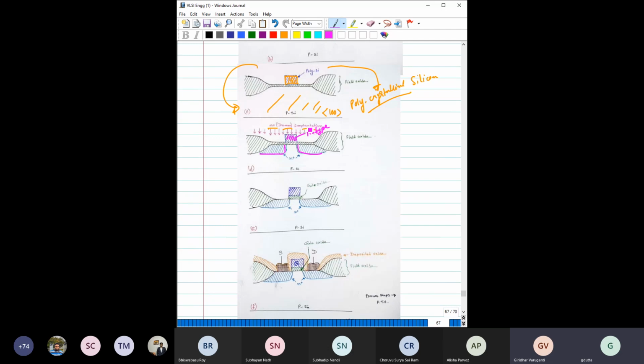Now, what is the advantage because of this doping? The gate resistance: polysilicon typically has a very high sheet resistance. To reduce the resistance, you have to very heavily dope the polysilicon. Once you heavily dope the polysilicon, its resistance would decrease dramatically. And remember the RC loss, right?